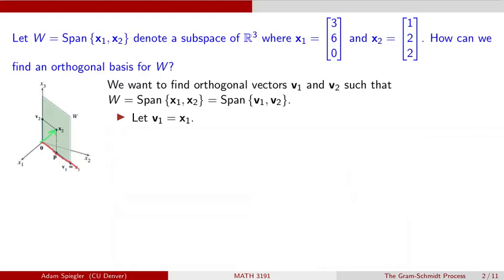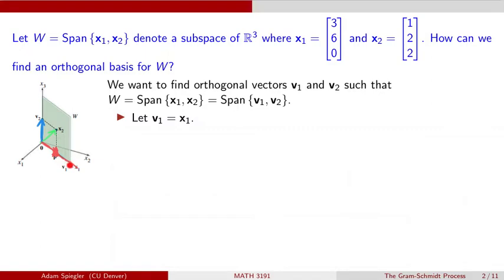So here I'm going to project this down, and we're going to get a vector that is right here, this vector p. And then what I can do is find the component which is orthogonal to v1.